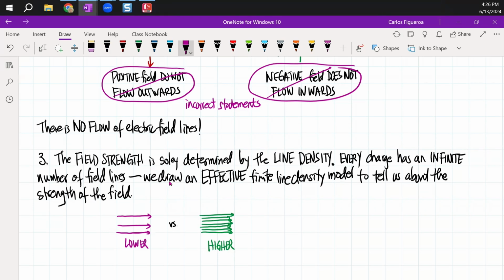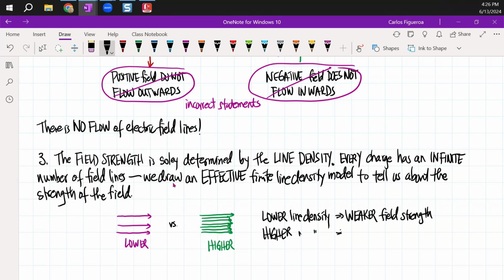So then that tells us the relative strength. So therefore, if I have a lower line density, that implies that I have a weaker field strength. If I have a higher line density, that tells me I have a stronger field strength. And that's a finite number of lines.